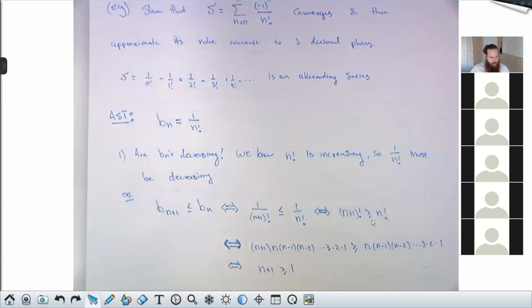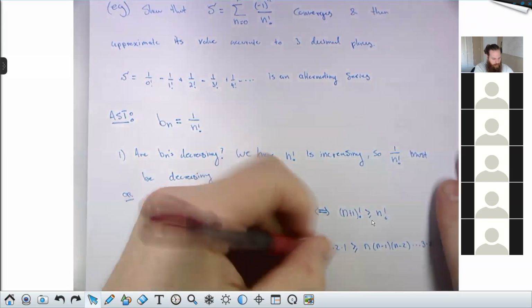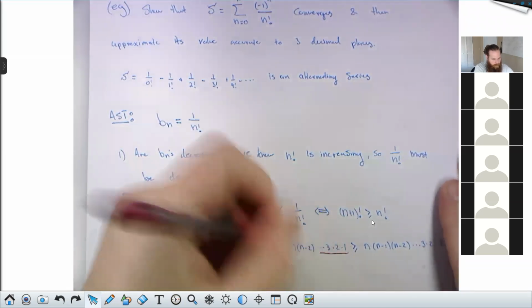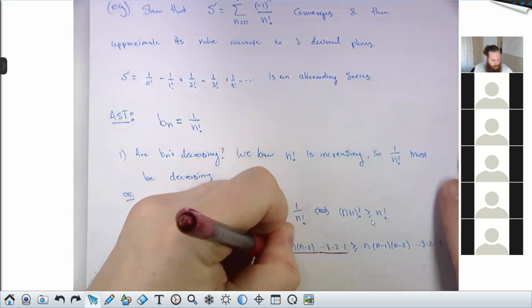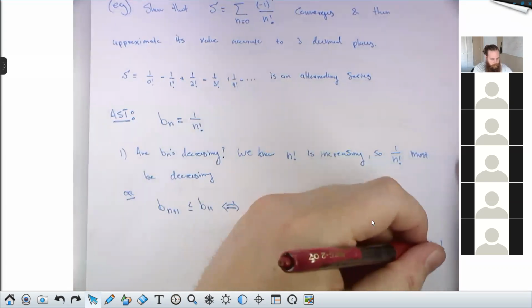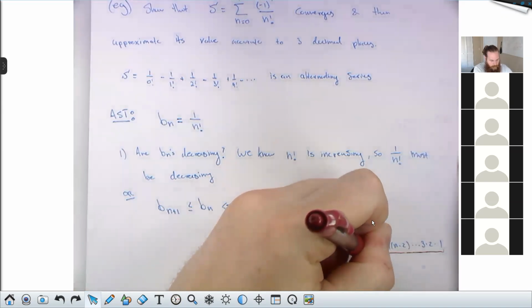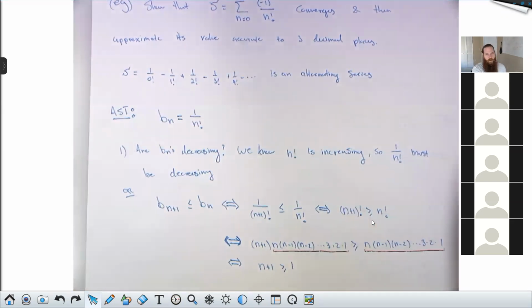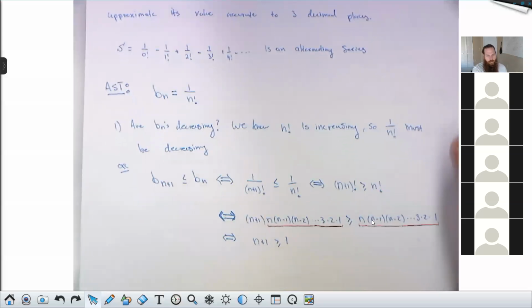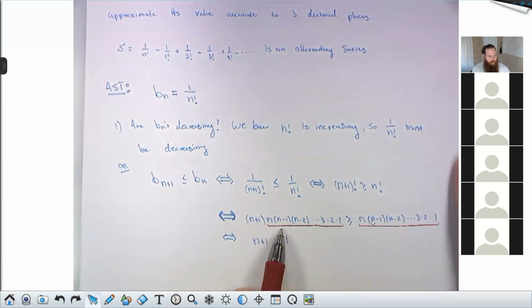So I'm going to divide both sides by all of this. When I divide both sides by the red underlined quantity, the only thing that's left on the left is n plus 1.